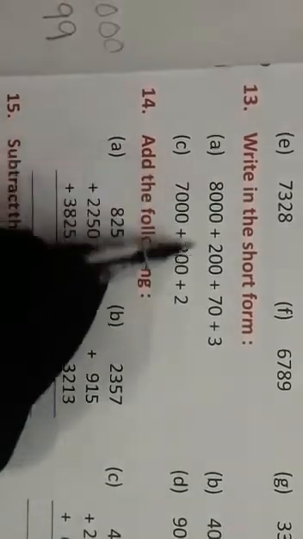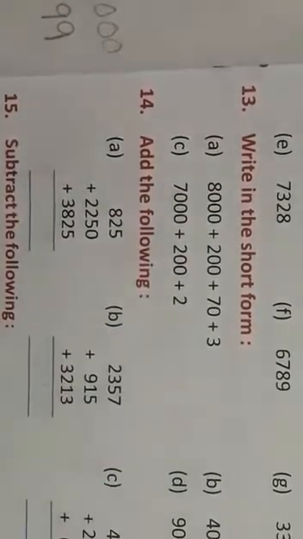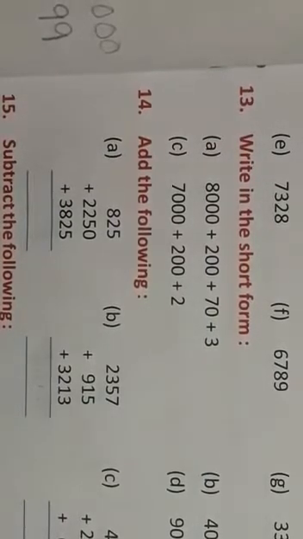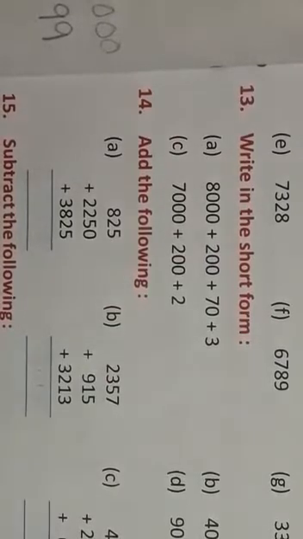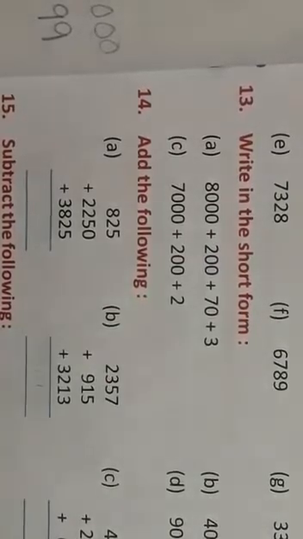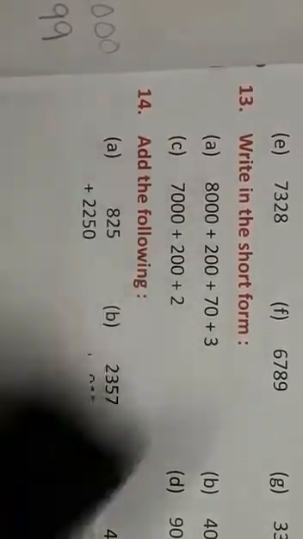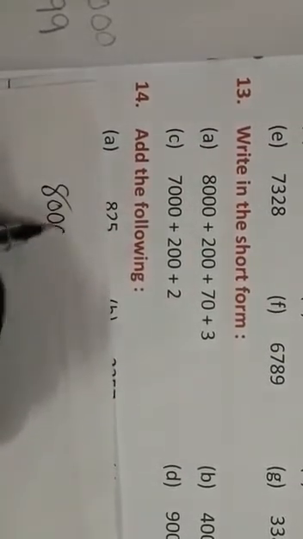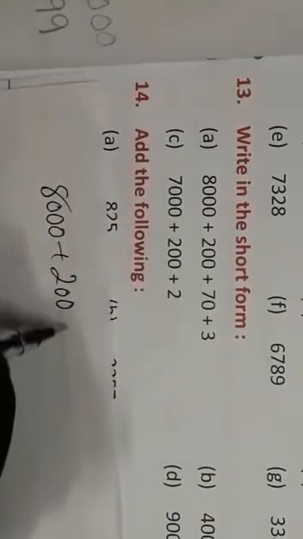See here, 8000 plus 200 plus 70 plus 3. Its short form is very easy, students, and you also know it very well. You learned about the short form and expanded form in your previous classes. Write in short form. It's 8000 plus 200 plus 70 plus 3.